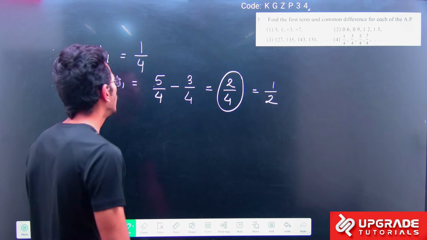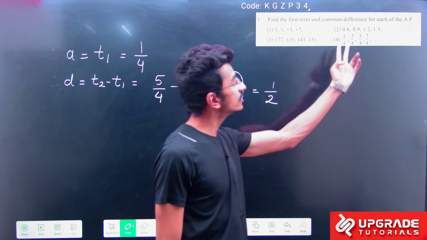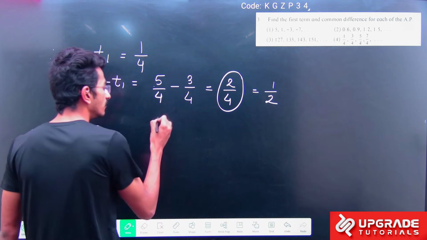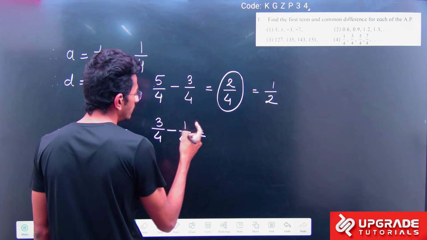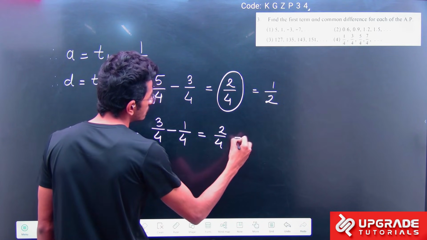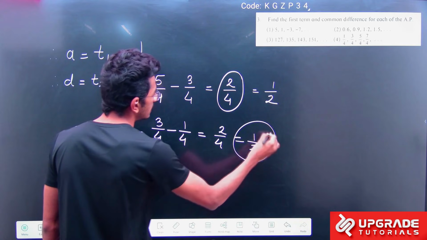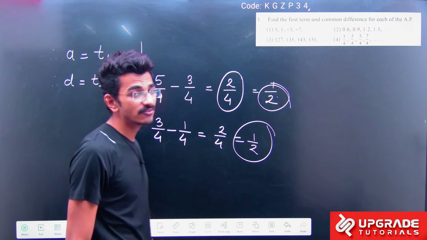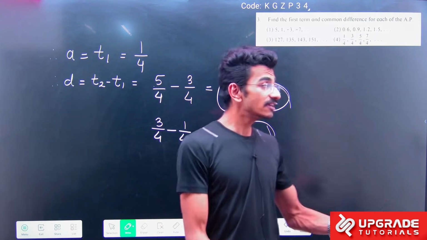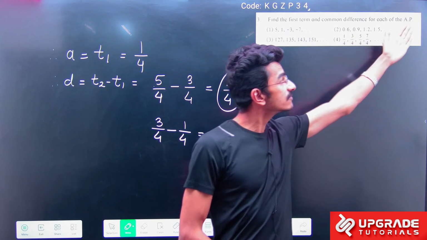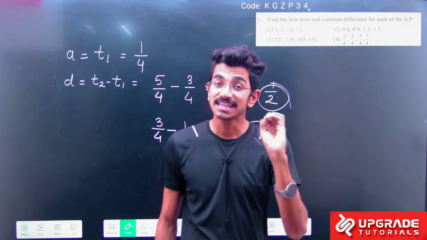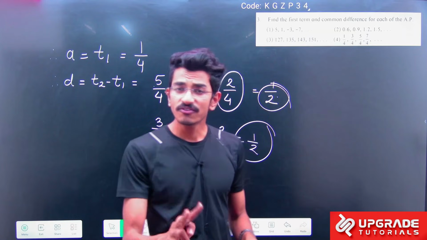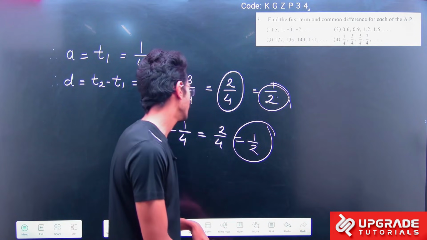Yes? Okay. Now just check the difference between the first two terms. It will be 3 upon 4 minus 1 upon 4. 3 minus 1 is 2 upon 4, which is also equal to 1 upon 2. See here, the differences are the same. Differences being the same means the given sequence is in AP. AP means the difference will remain the same, you are only asked what the difference is.